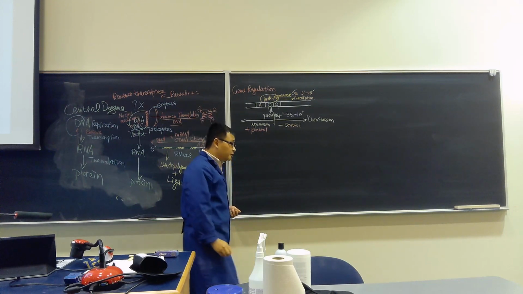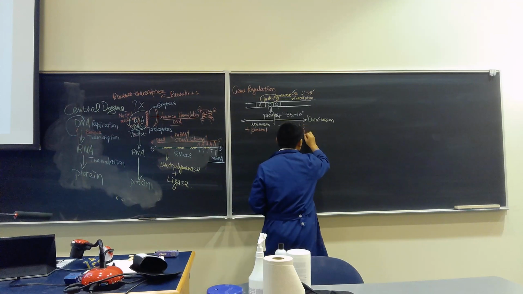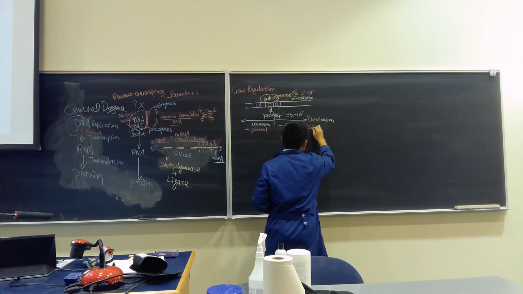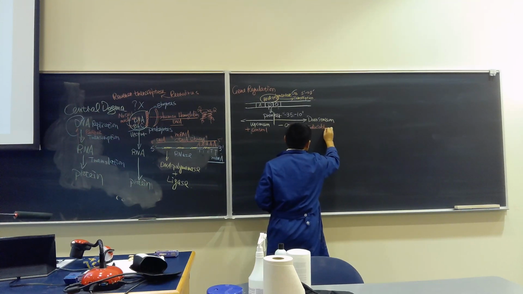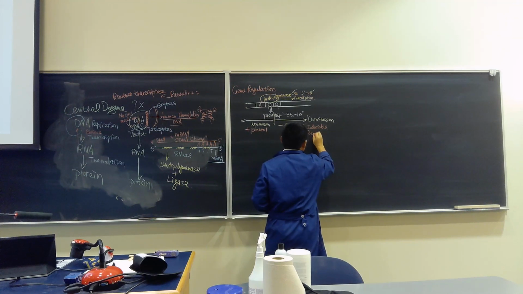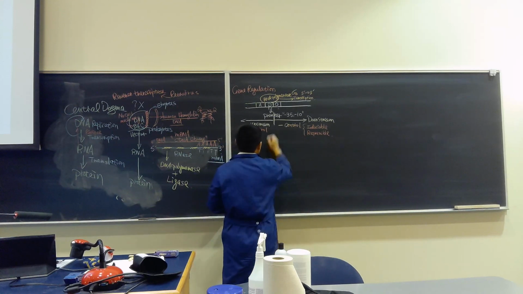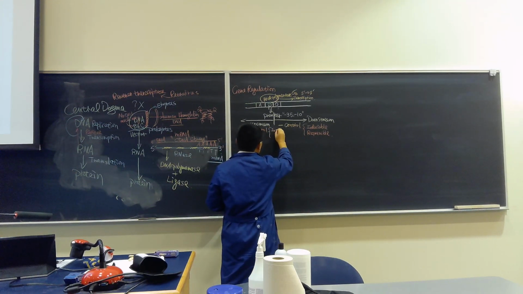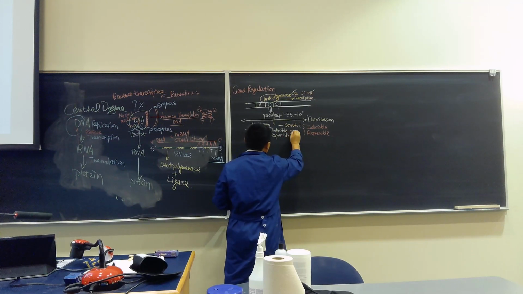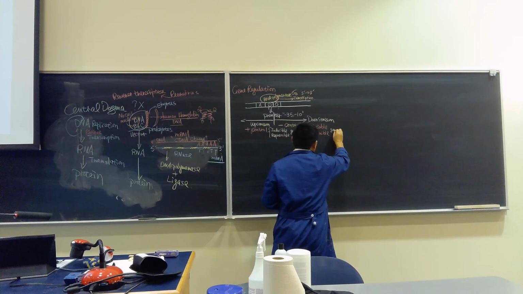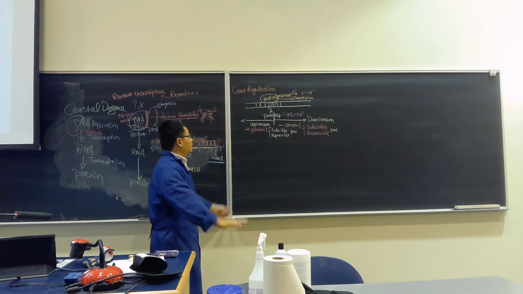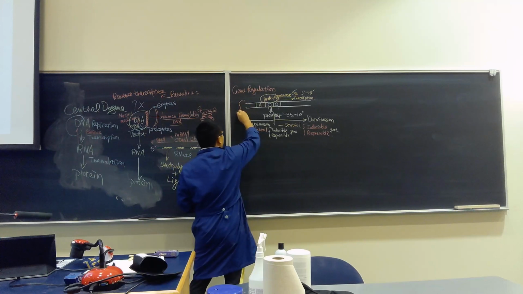Then both negative and positive control have two categories. It could be inducible or it could be repressible. Here the same thing: inducible or repressible. Now, of course, there's a gene for that. So it's very simple. This is the whole story. We talk about positive and negative control.